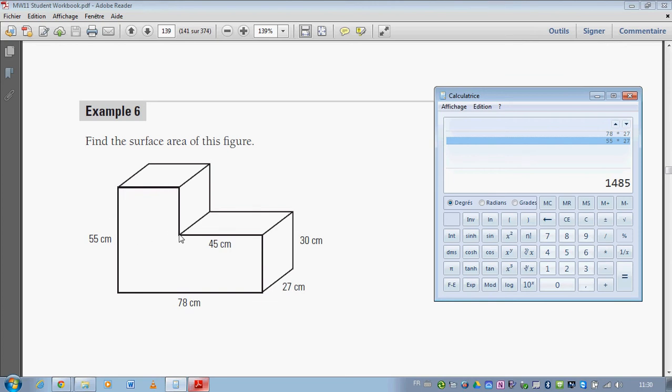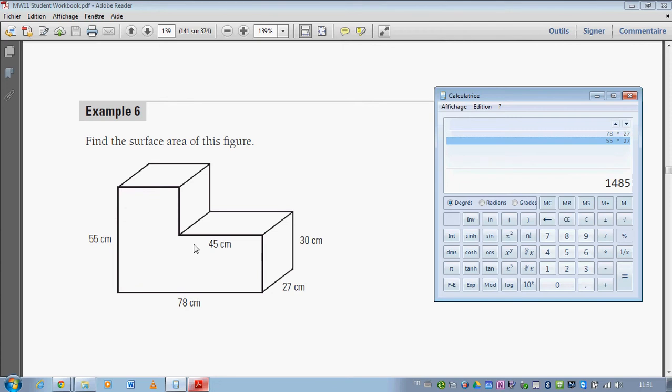I need to figure out the height of this part. If all of this is 55 centimeters and this is 30 centimeters, then this little part from this point down to here has a length of 25 centimeters. So this is 25 centimeters right here.